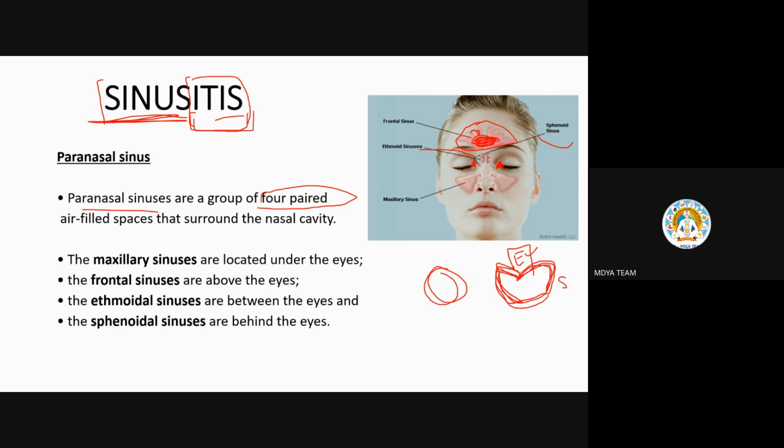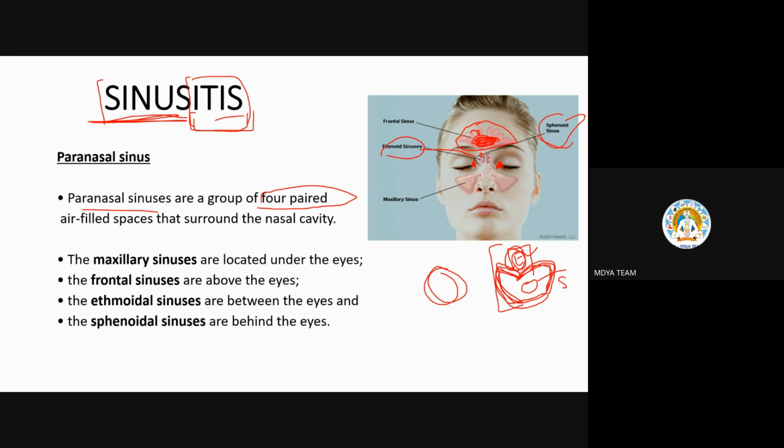The sinuses present in the region of the sphenoidal bone are called sphenoidal sinuses. And the air filled sacs present in the region of the ethmoidal bone are known as ethmoidal sinuses. It is very congested here, as two sinuses are together, so to make you understand properly I made this.